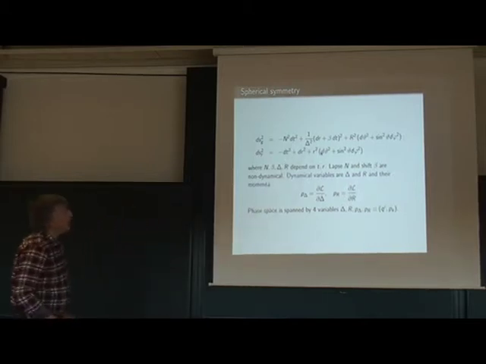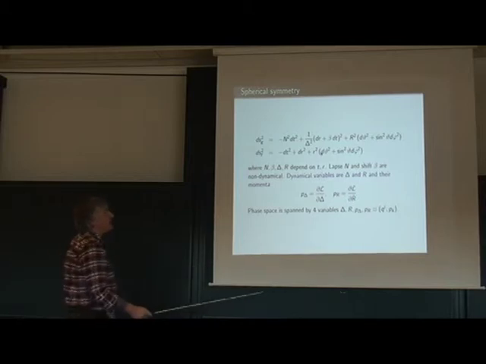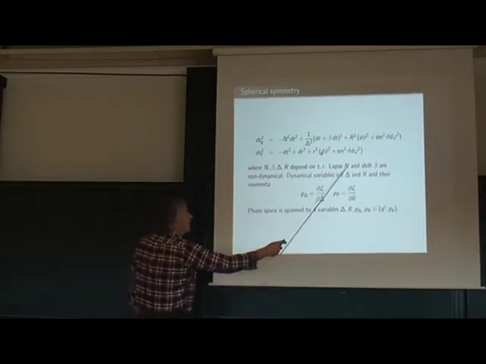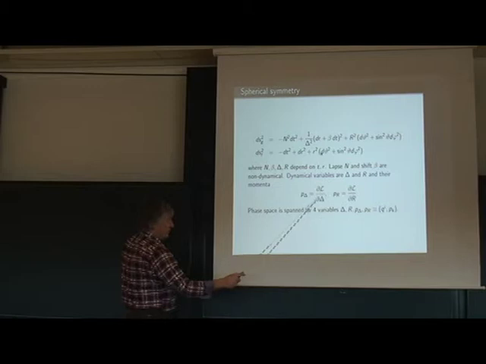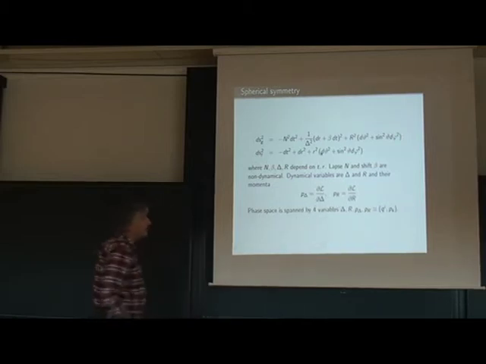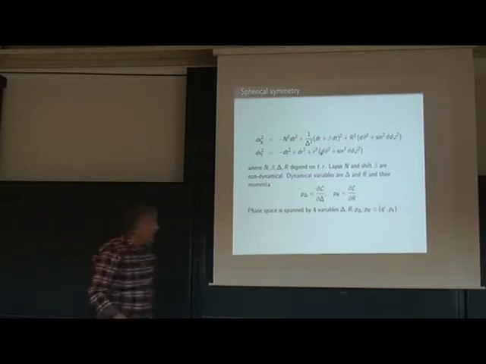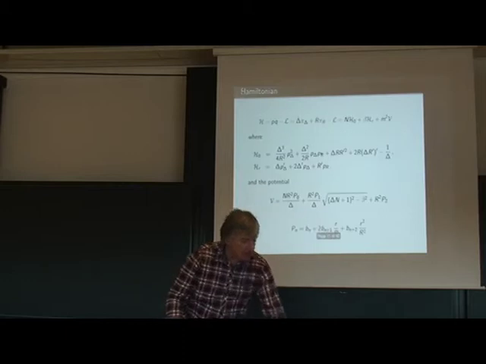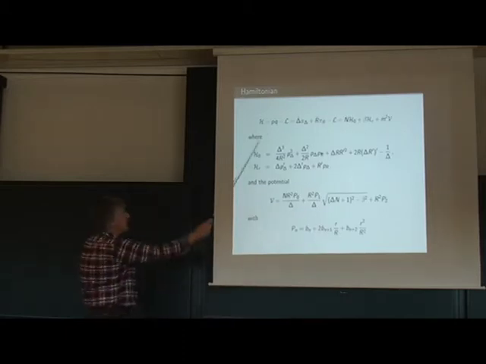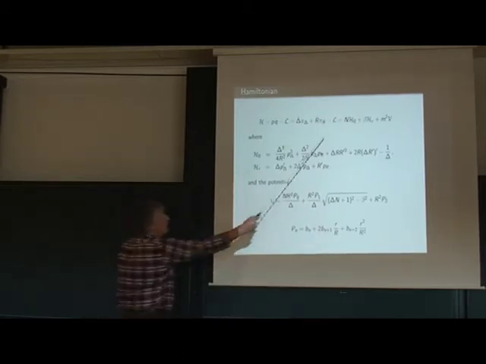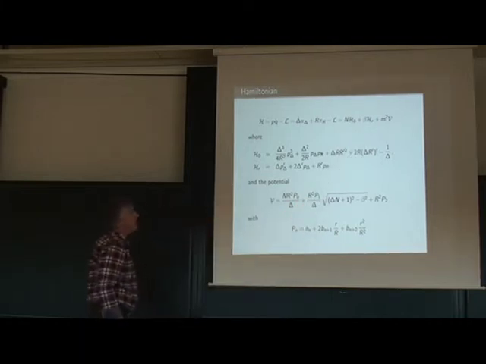And then again, there are no momenta conjugate for lapse and shift, but there are momenta conjugate for delta and r. And so phase space is 4-dimensional, 4 variables. With this, one does the Hamiltonian in the standard way, p q dot minus L, and one gets this expression.